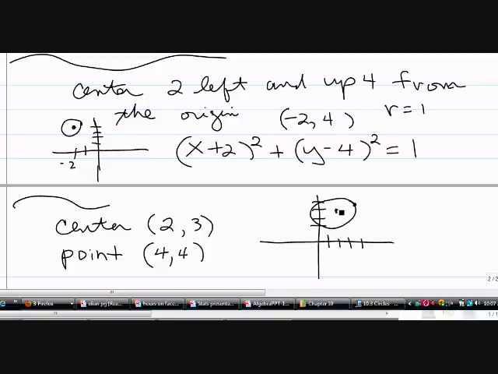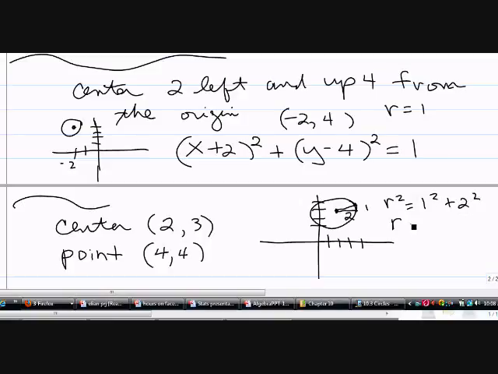Oh, so now I got to figure out what that radius is. Well, let me make myself a little right triangle here. The vertical side of that right triangle is 1. The horizontal side has length 2. So that radius squared is 1 squared plus 2 squared.